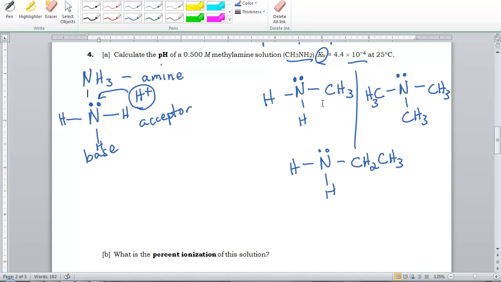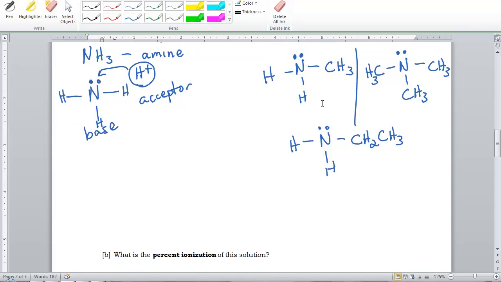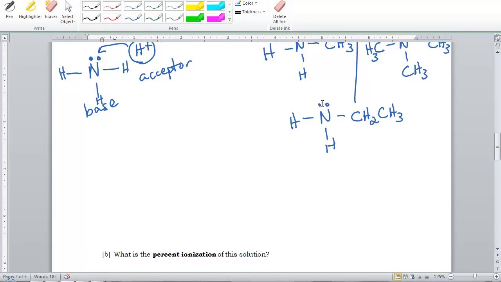All right, so let's get some room here to do this. Remember, practice writing some of these reactions. We've worked mostly on acids, so you should be familiar with acids producing hydronium in water. But bases produce what? Yeah, bases produce hydroxide.